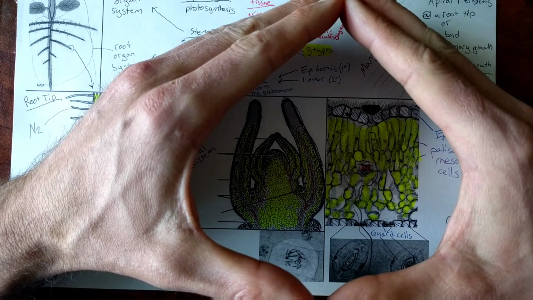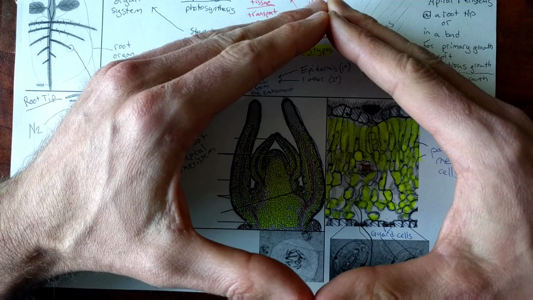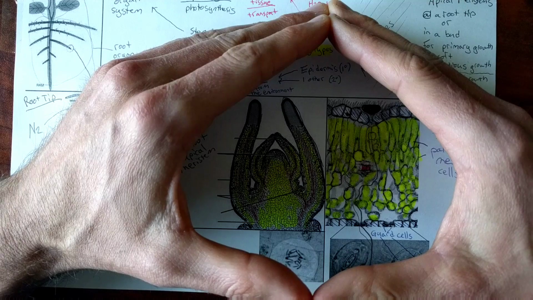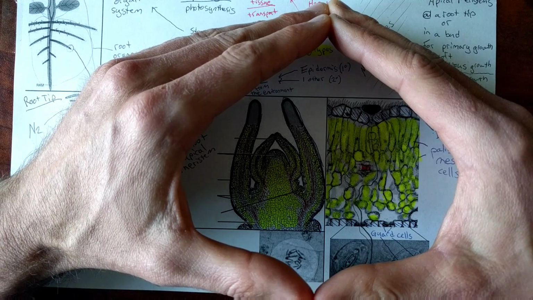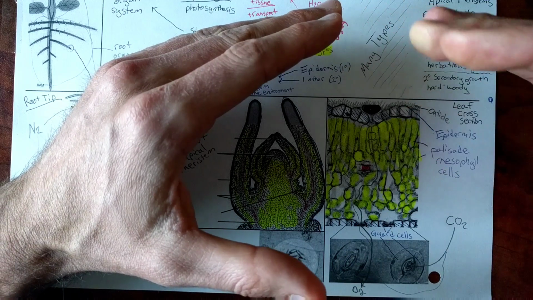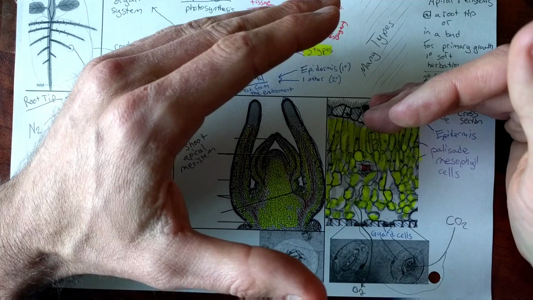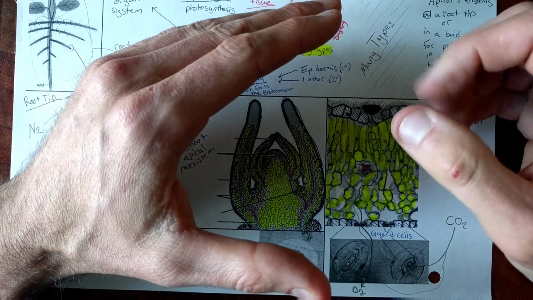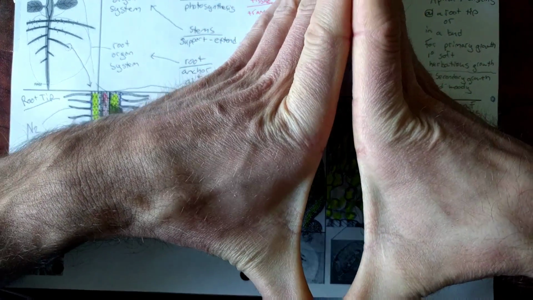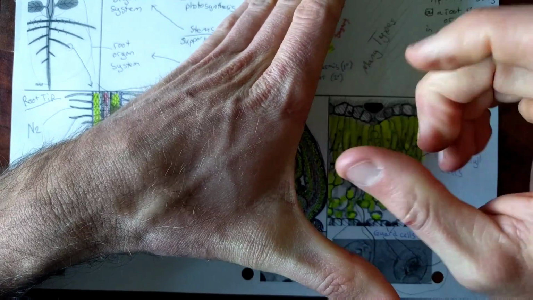When it is a more dehydrating environment, when water is flowing out of the guard cells, when it is hypertonic, when water moves out from an area of high water to low water, means it's moving from an area of low solute to high solute. When water moves out, they go like this, and they close all the way up, or partially closed, and less gas exchange is going to occur.